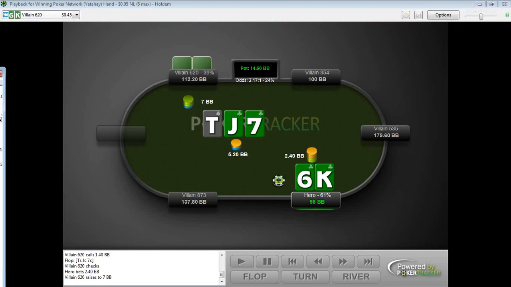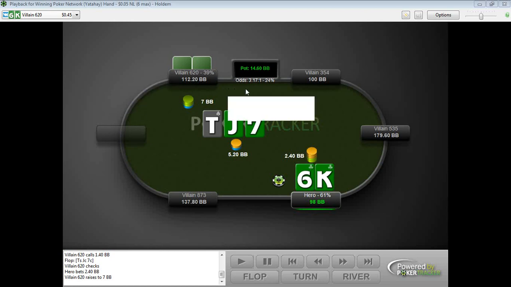I'm going to just do this off screen. So let's see. I have king of clubs and six of clubs. And let's see, he has 398 hands from the big blind. His VPIP is 30.